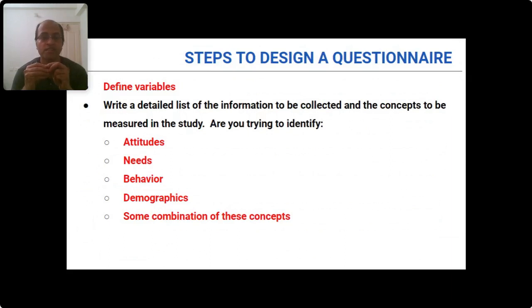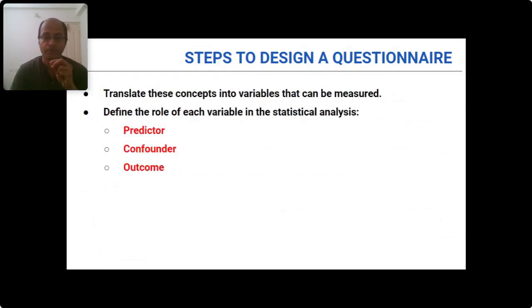You have to consider what are the variables that you want and how you are going to use those variables appropriately. Then, based on this, once you have the variables, how do you translate the variables into the outcome which is measurable? You have to define the role of each variable such that it can fit into statistical analysis. Now, these three terms are basically statistical. One is predictor.